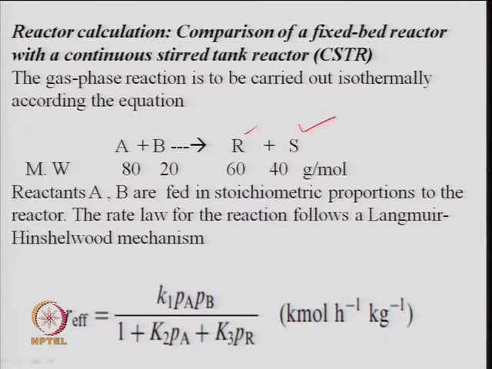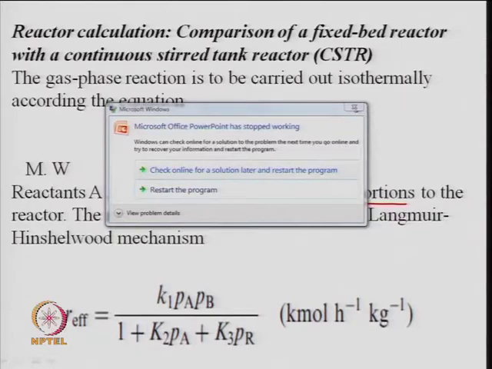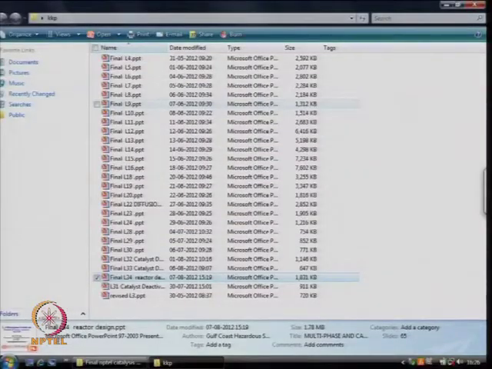A and B are fed in stoichiometric proportion, that is, 1 mole of A reacts with 1 mole of B and gives 1 mole of R and 1 mole of S. So, this is what is given here in this case.